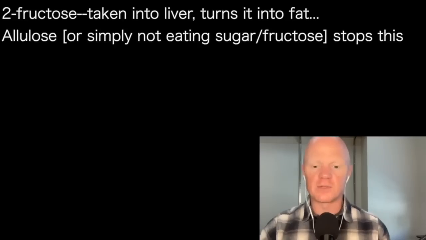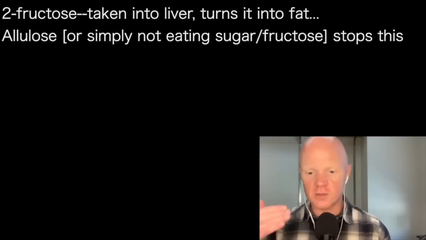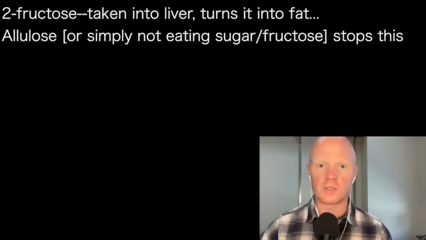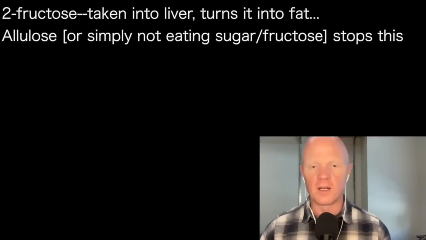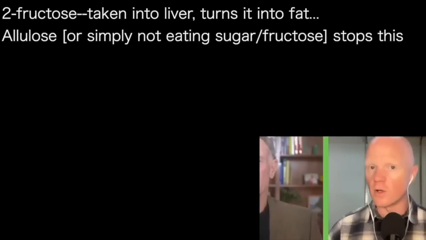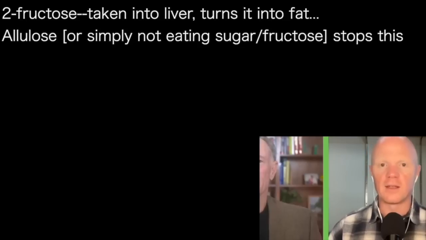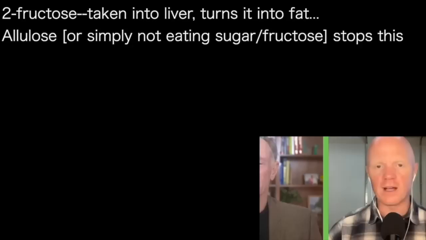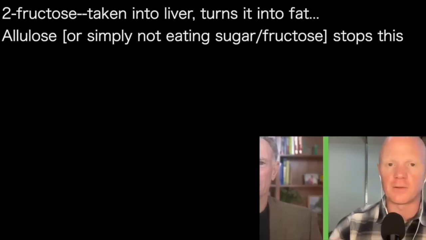And so that becomes a direct contributor where if someone's eating fructose heavy sweeteners or sugar or in any other form of it, then that fructose is directly contributing to turning into fat within the liver. But if that fructose rich sugar has been replaced with a rare sugar like allulose, then you are no longer getting it. And rather than having the building block for fat, in contrast, you're activating AMPK in the liver, which will promote fat oxidation, or the burning of the fat. So then you begin literally resolving the problem rather than contributing to it.